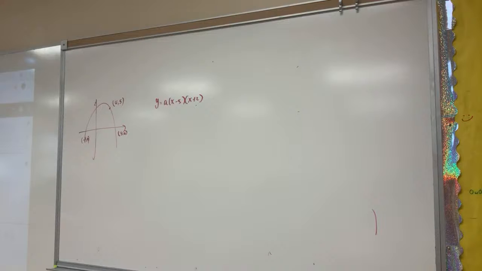So once you have the first equation, you're going to have y equal to a times x plus 2, times x minus 5. By doing that, you will have an equation that is going to go through those 2 points.